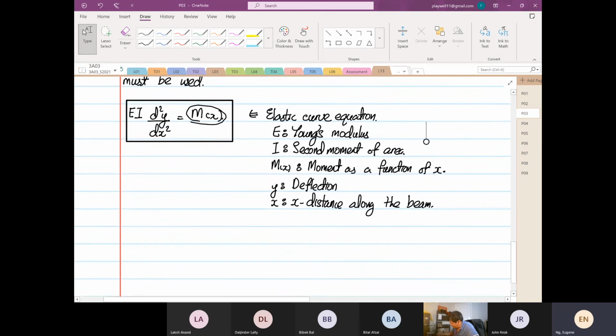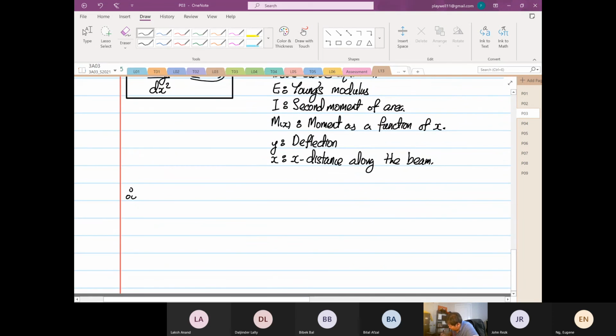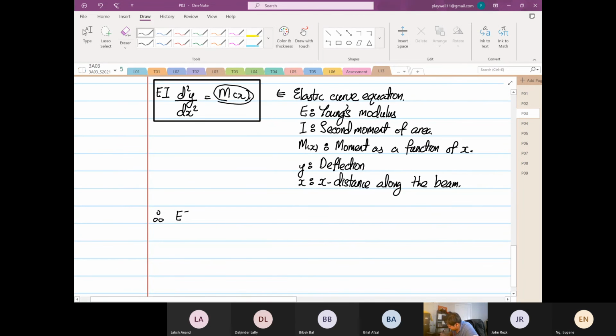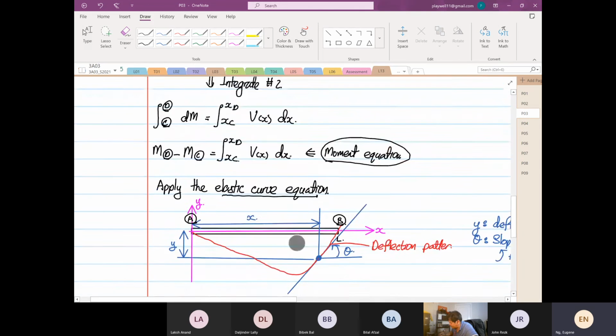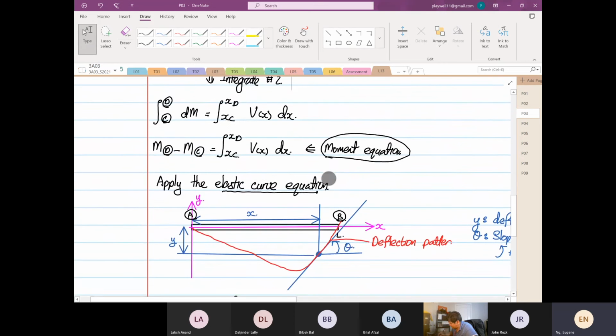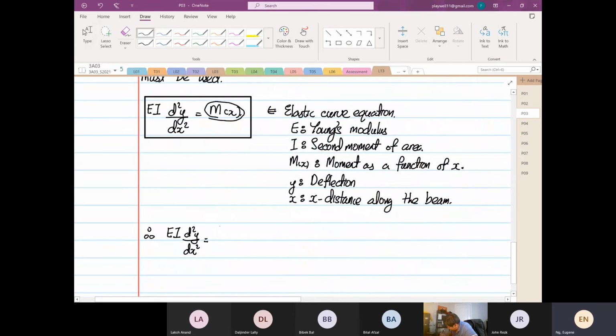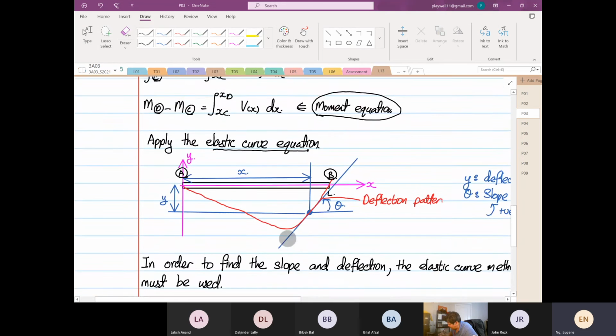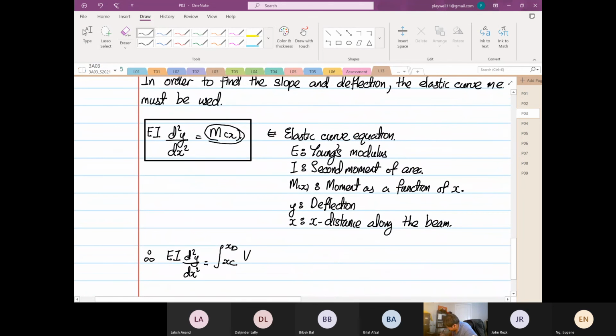So therefore, when we have EI d squared y over dx squared, this will be equal to the integral of V(x) dx from xC to xD. So this is your moment equation.